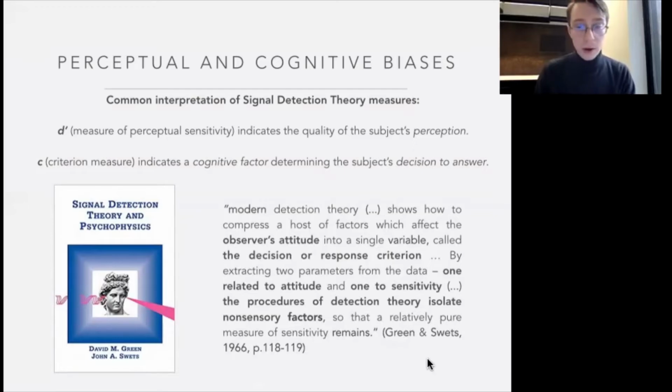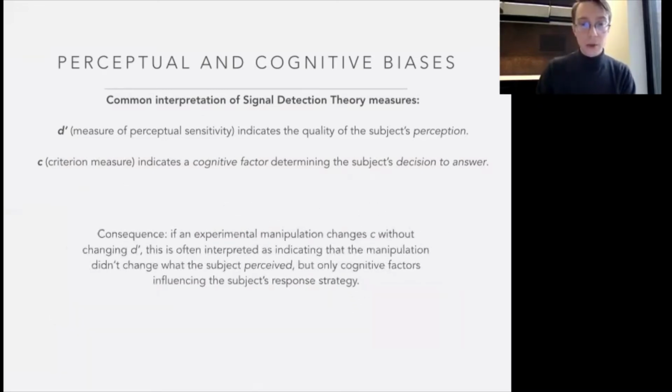So here's what Green and Swets say. Modern detection theory shows how to compress a host of factors which affect the observer's attitude into a single variable called the decision or response criterion by extracting two parameters from the data, one related to attitude and one to sensitivity. The procedures of detection theory isolate non-sensory factors so that a relatively pure measure of sensitivity remains. Okay, so that's a very common interpretation.